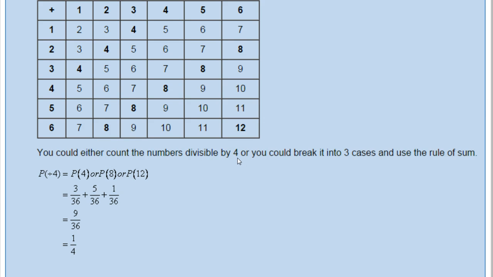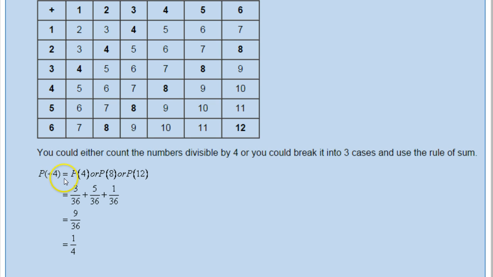Simple to do. Alternately, what we can do is break this problem into 3 separate cases and then use the rule of sum. So what we're dealing with is 3 different events. We're dealing with an event where the numbers sum to 4, they sum to 8, or they sum to 12. So we have to ask ourselves, what is the probability a number is divisible by 4?